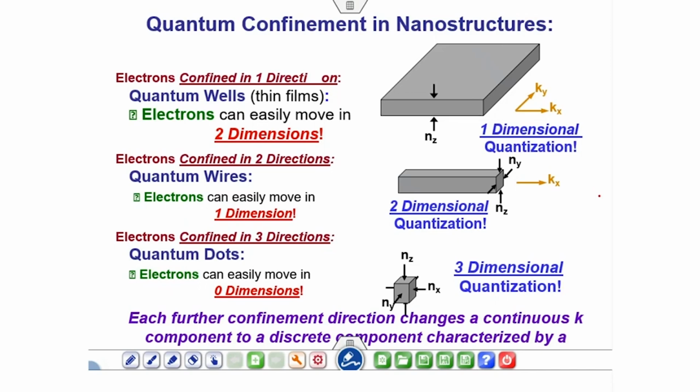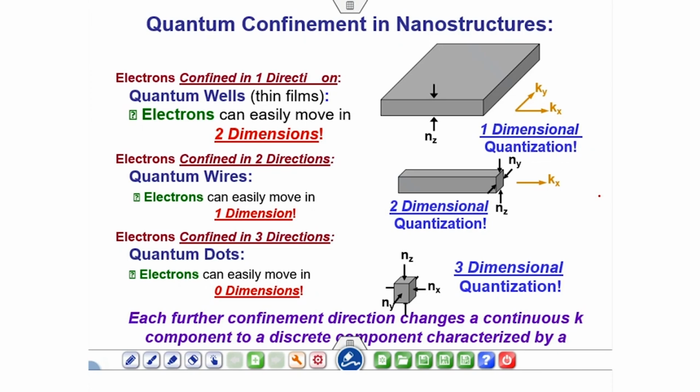Well, so quantum confined nanostructures can be explained in a much better way. Suppose you have a thin film, okay, then only one dimension is nanoscale, the other two dimensions can be micron scale or anything more than 100 nanometers. So, this is a 1D nanomaterial. So, electrons can easily move in two dimensions, like x and y.